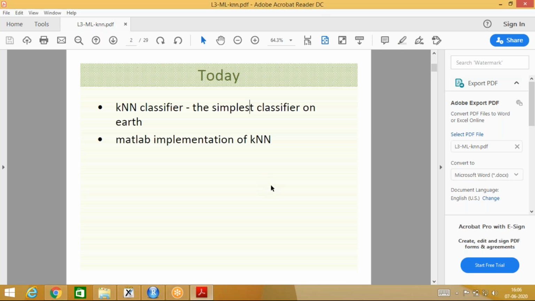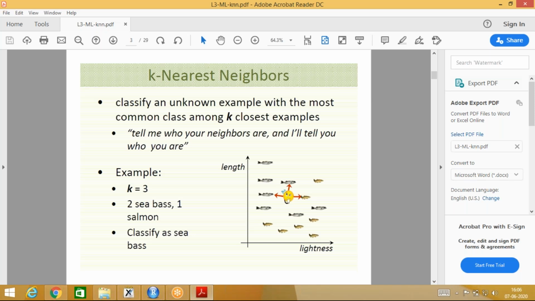So what is K nearest neighbor? This particular algorithm works by classifying an unknown example with the most common class among K closest examples.